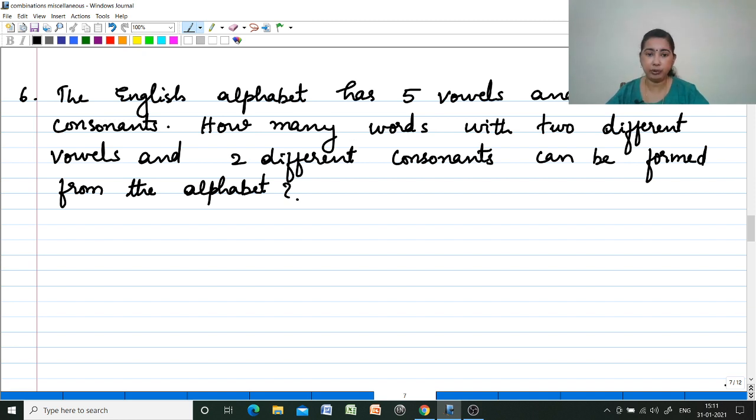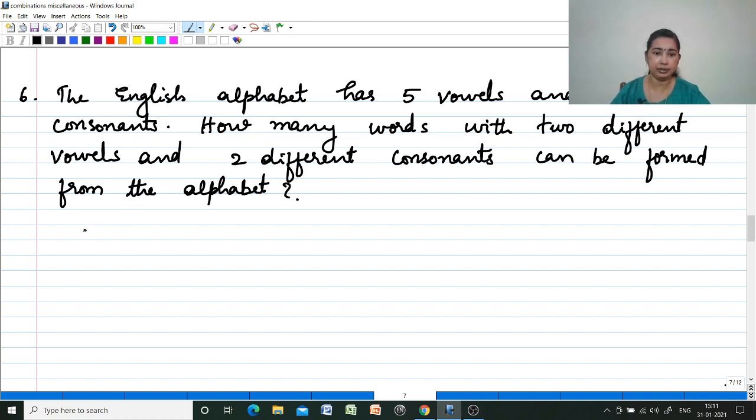So from 5 vowels we have to select 2, from 21 consonants we have to select 2, and it can be selected in 5C2 into 21C2 different ways, and after that those letters should be arranged. So the 4 selected letters can be arranged in 4P4 different ways.